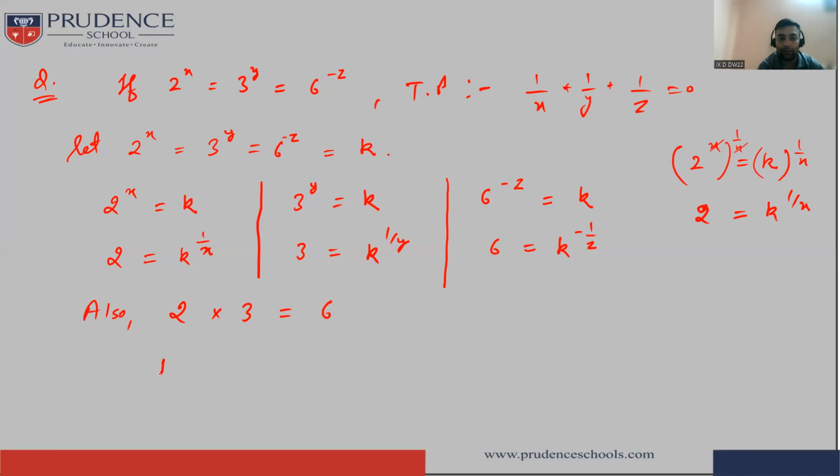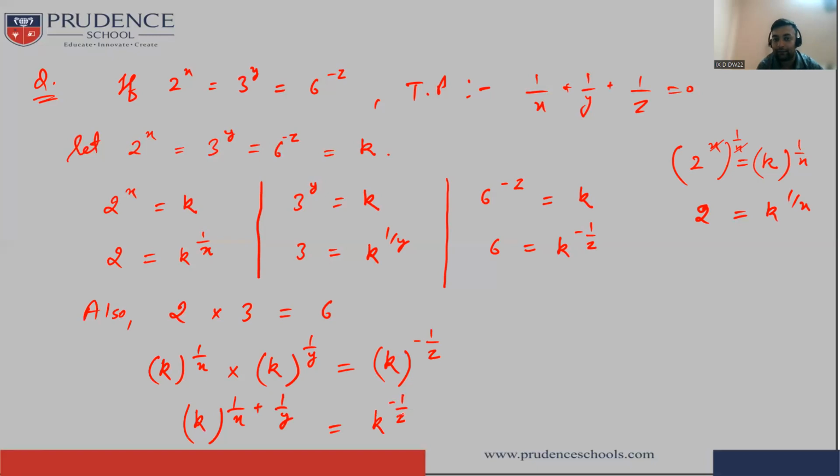So the value of 2 is k raised to power 1 by x, into the value of 3, k raised to power 1 by y, is equal to 6, which has the value k raised to power minus 1 by z. And because the base is the same, the powers will add: k raised to power 1 by x plus 1 by y is equal to k raised to power minus 1 by z.